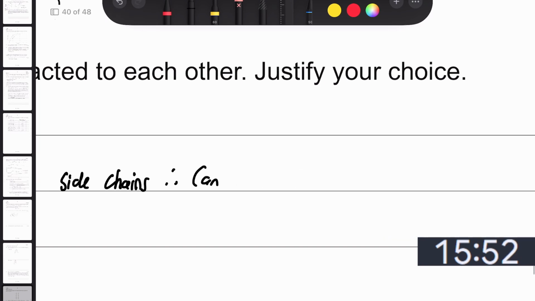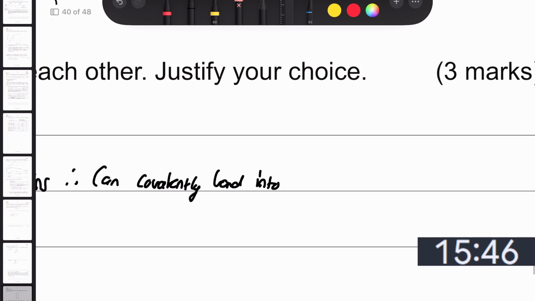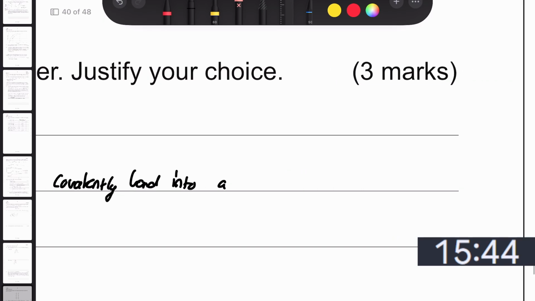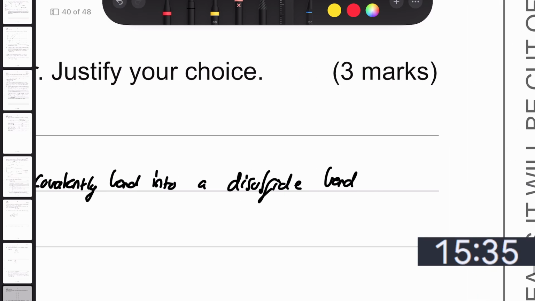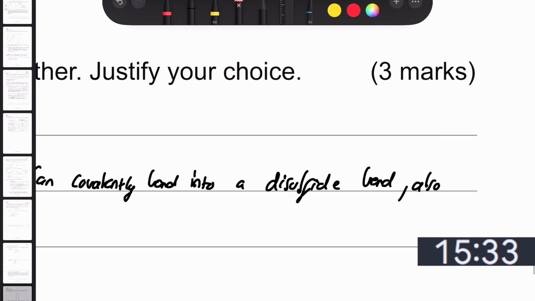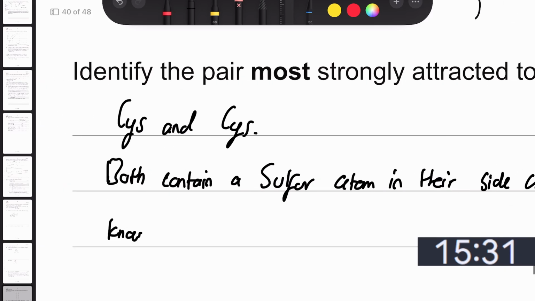Therefore, can covalently bond into a disulfide bond, also known as cross-linking.